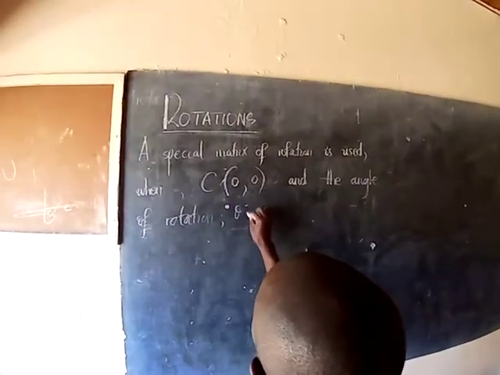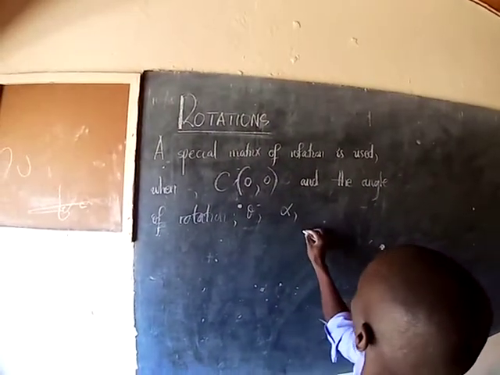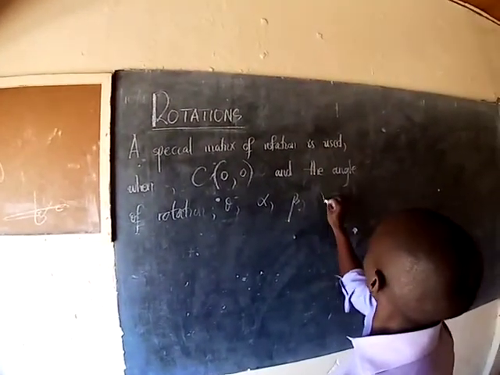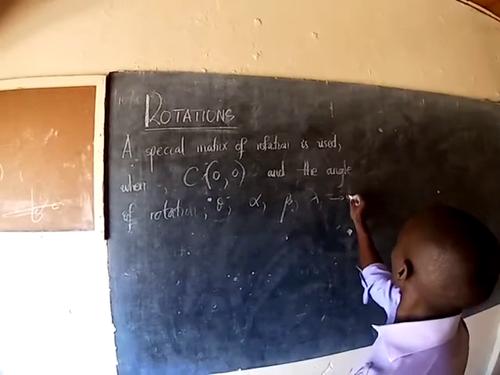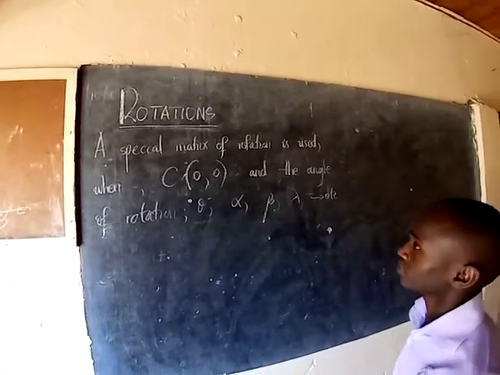This angle of rotation may be denoted as theta, alpha, beta, lambda, or any other notation.